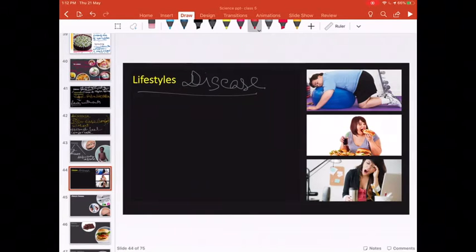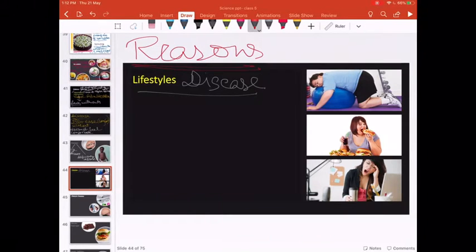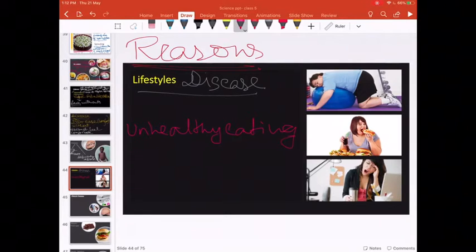We are doing reasons of lifestyle diseases. First reason is unhealthy eating habit, like eating junk food and not eating on time.